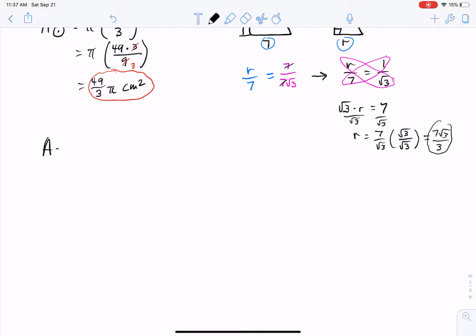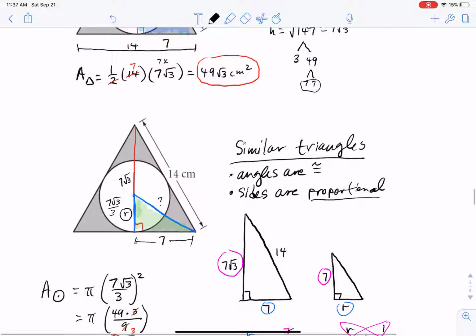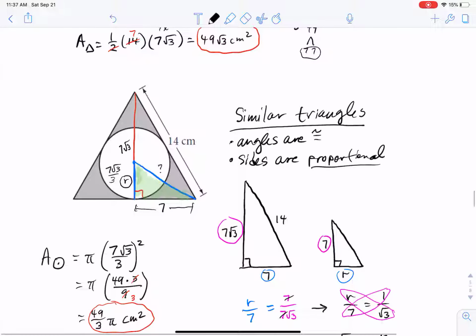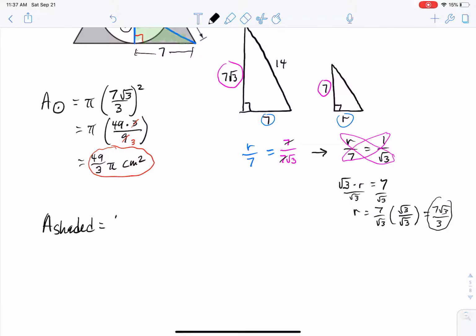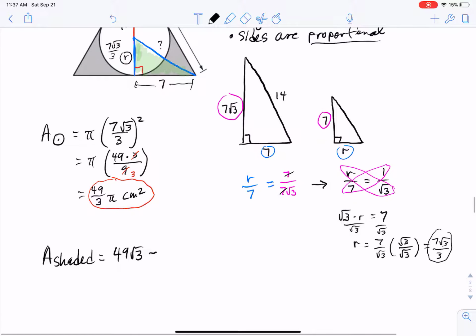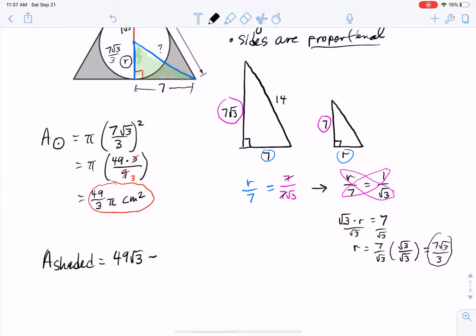The area of the shaded region should be equal to our triangle, which we found was 49 times the square root of 3, minus, and the area of the circle we just found out was 49 over 3 pi. And then throw our units on here as centimeters squared.